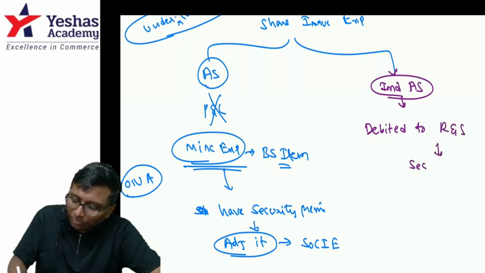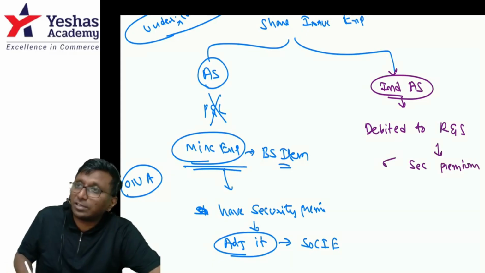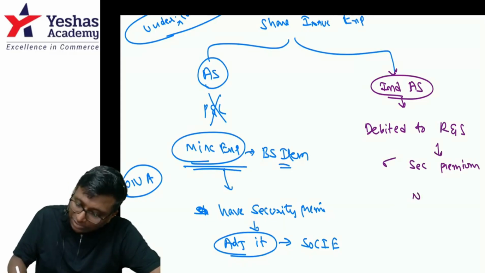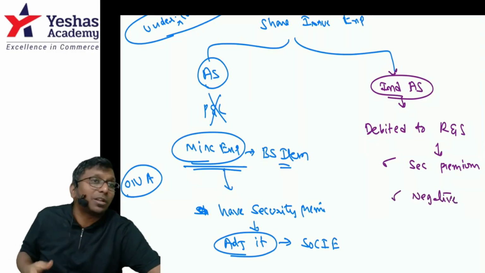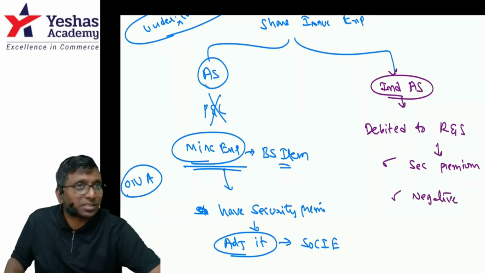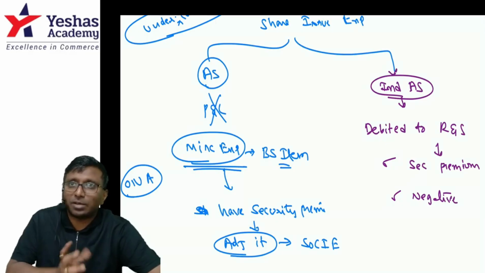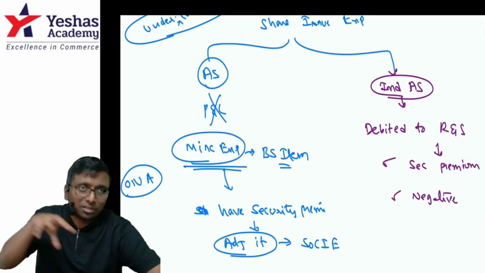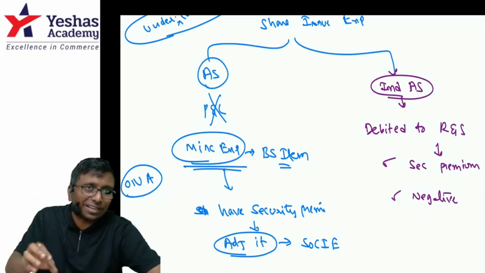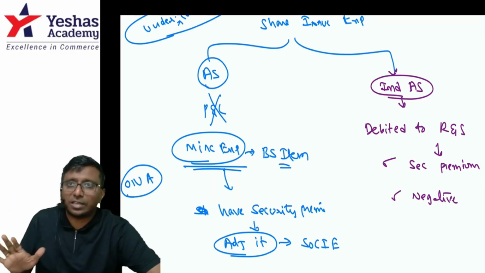If you have security premium, that is the first priority. Even if nothing is there, you can write a negative number, but it is not an asset. The question he asked is perfectly right. I don't have a way in the accounting standards, but there is a very strict and clear instruction under IND AS.